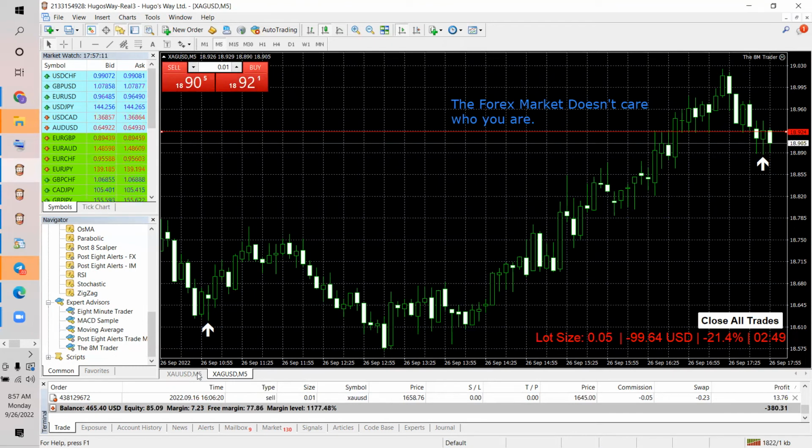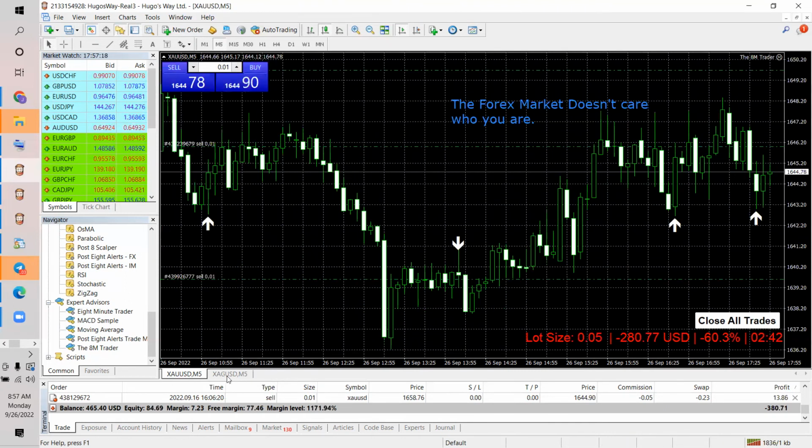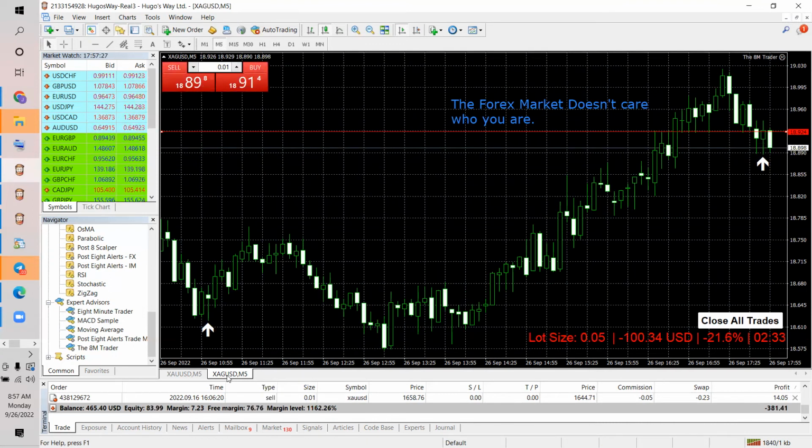But the market does not have that same barrier that a lot of other places have. Again, if you wanted to, just pause the video right here before going any further, and you can open up an account right now if you would like.